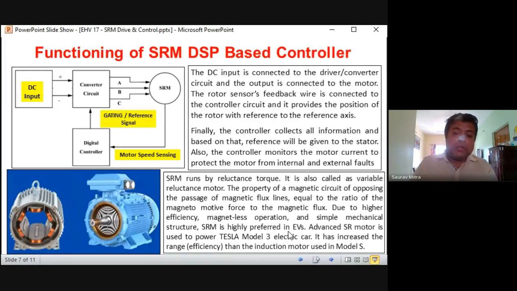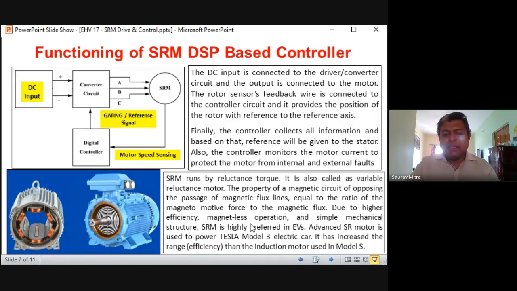The Tesla Model S was the basic model, where they were using an induction motor, but in the Tesla 3 model they are using a reluctance motor, not switched reluctance but a synchronous type of reluctance motor. That is why it is called a SynRM, a very compact motor designed by Tesla, a very unique and highly efficient motor. What advantages does it have?